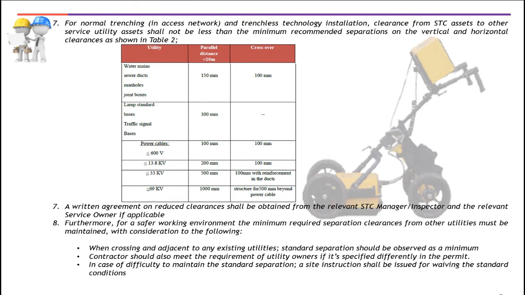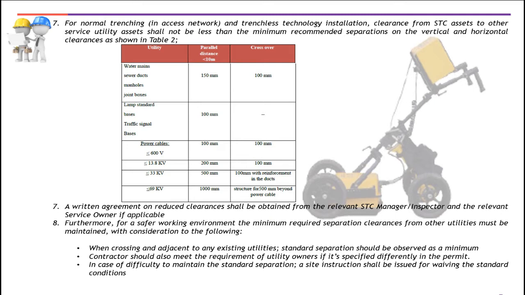For normal trench in access network and trenchless technology installation, clearance from STC assets to other service utility assets shall not be less than the minimum recommended separations on the vertical and horizontal clearance as shown in Table 2.